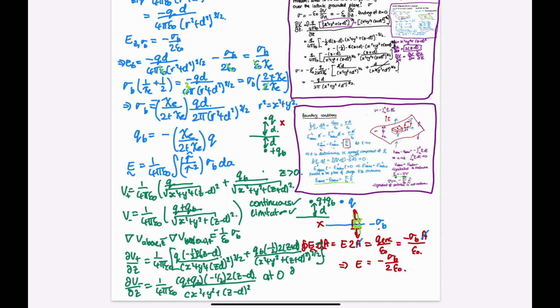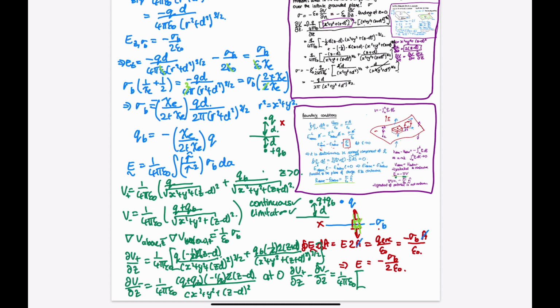Then we've got dv plus dz minus dv minus dz is equal to, these 2's and halves will cancel out everywhere, and we're substituting in z equals 0. So on the top here, the negatives will cancel out.